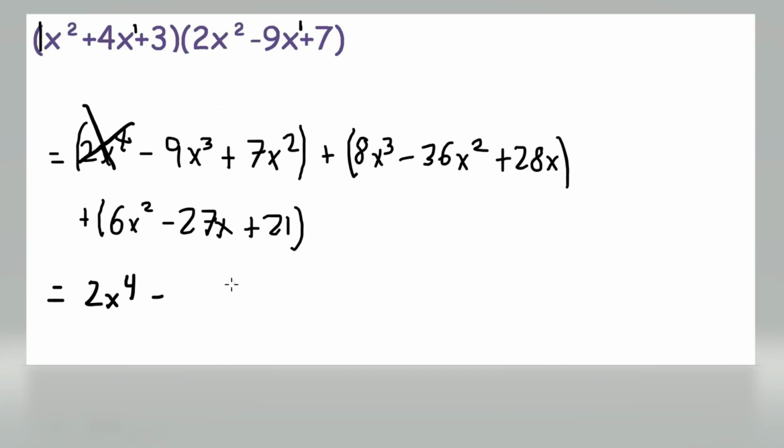So, copy na lang yung label, which is x cubed. So, negative 9x cubed plus 8x cubed is equal to negative x cubed or negative 1x cubed. Imaginary na yung 1. Sorry, hindi pala imaginary. Imaginary is a different number. So, ayan. 2x to the 4th minus x cubed.